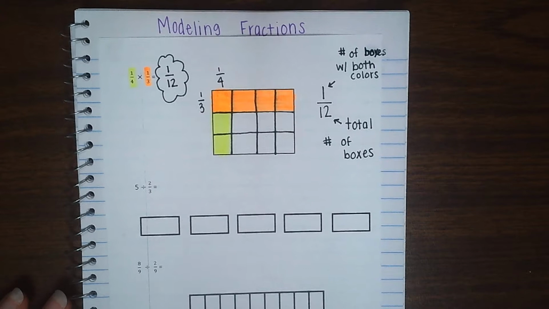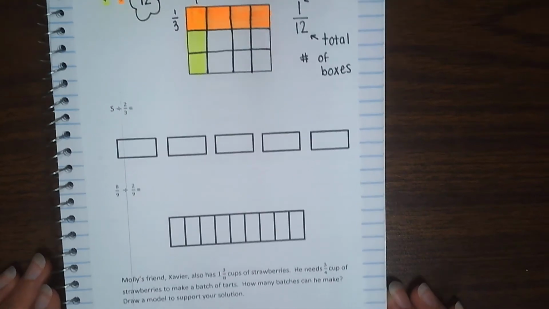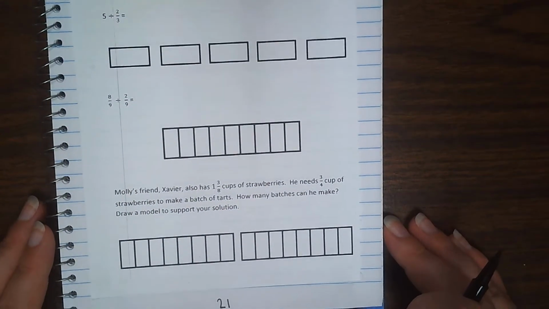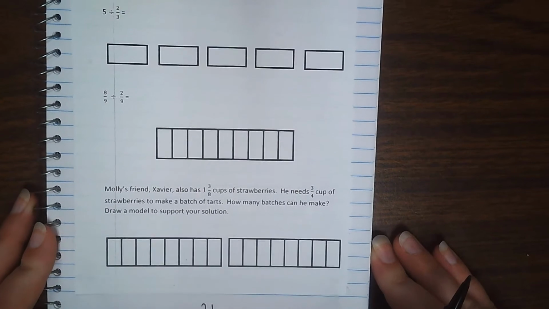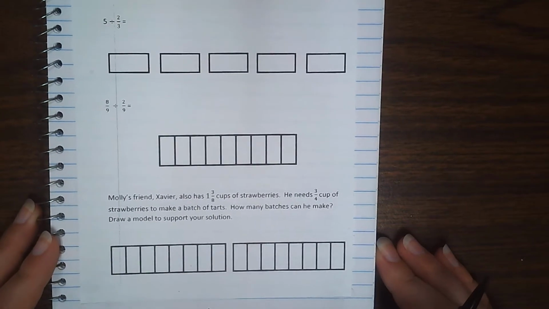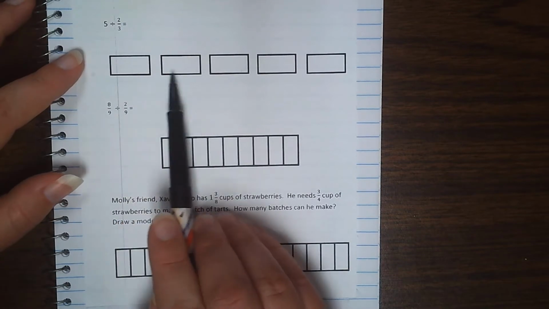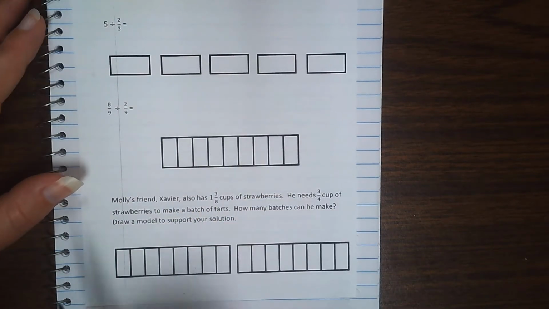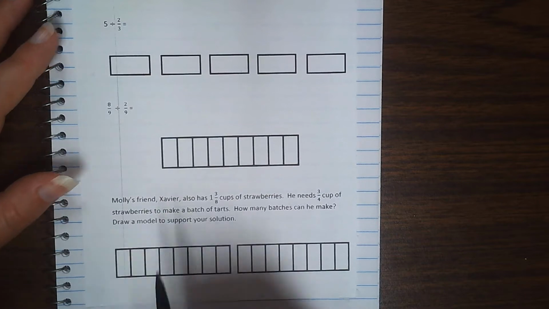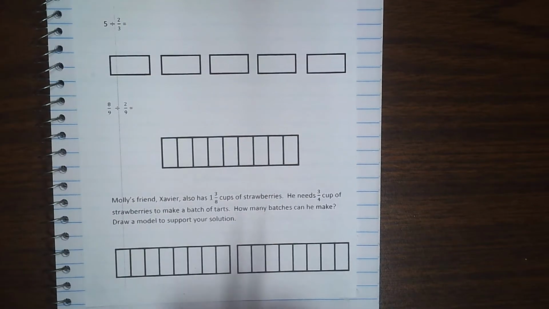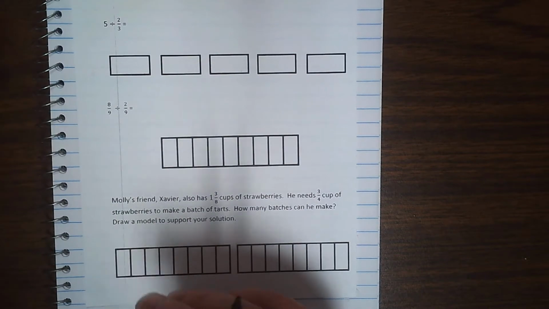Okay, moving on to a division problem. We have 5 divided by 2/3. Okay, so I have drawn out 5 boxes for us, and I need to split all of these boxes into thirds because we want to separate.